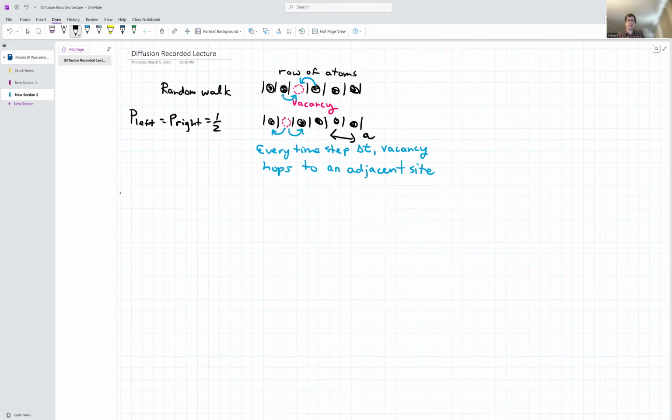So our question is, what is the location X of the vacancy after n hops? So we take, suppose, big N number of hops and we ask, where does it land?